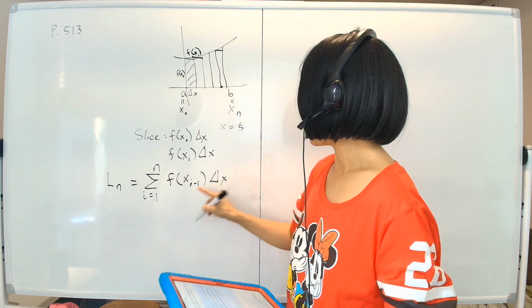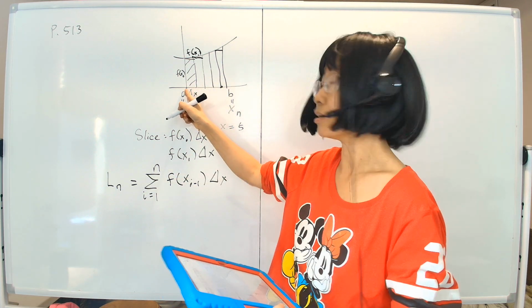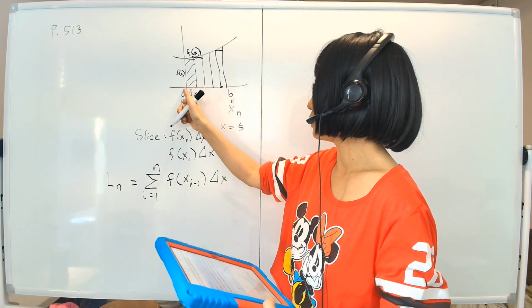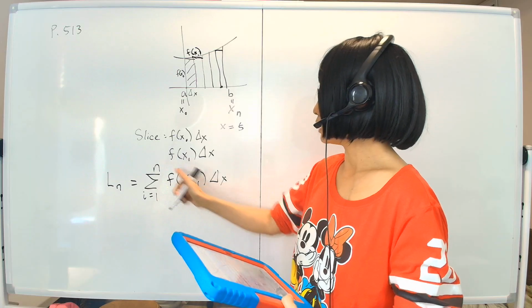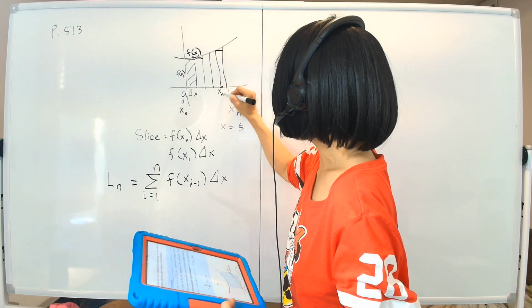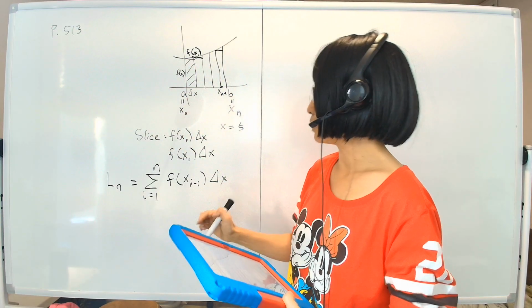The reason it's i minus 1 is that when i is 1, you start at 0, x0. So the left-hand is the very first point, but you go all the way only to the point before last, x n minus 1. You don't need the last point because you're doing the left-hand approximation.